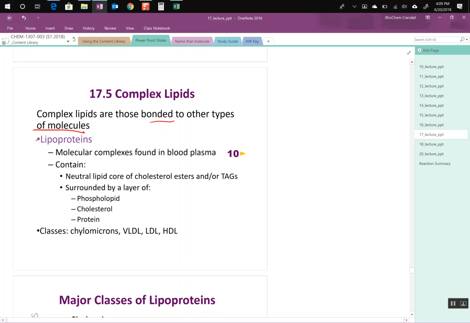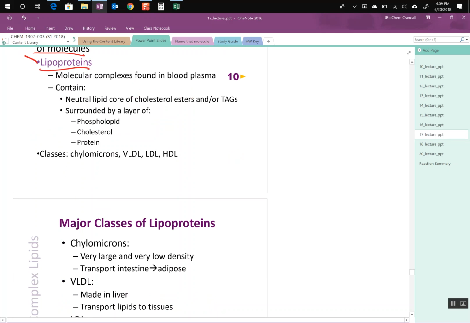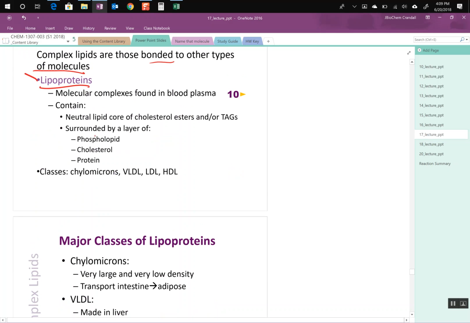So we have things like lipoproteins. You have a lipid and a protein making the lipoprotein molecule. These are found in blood. These lipoproteins can be surrounded by layers of phospholipids, cholesterol, and proteins, and you're making a complex.